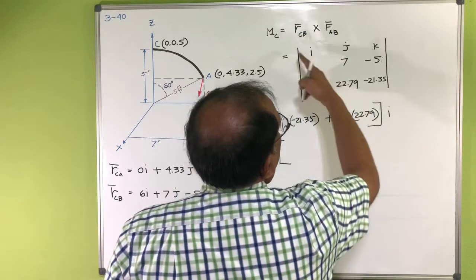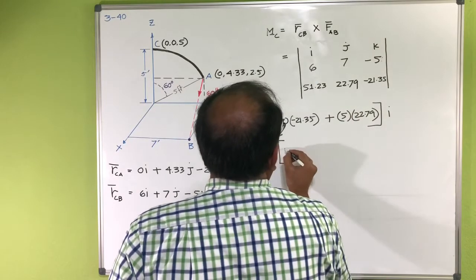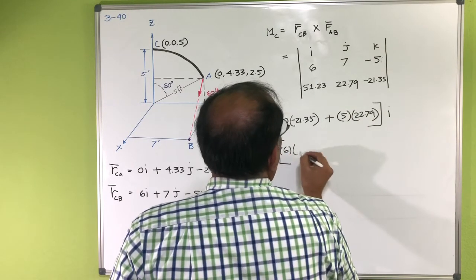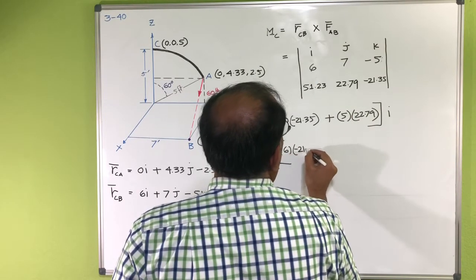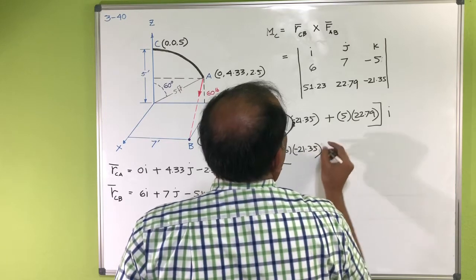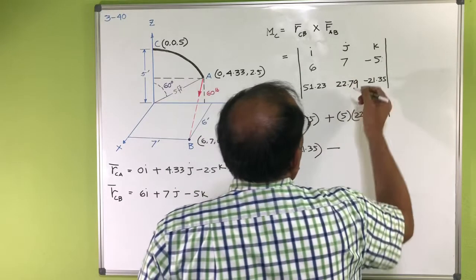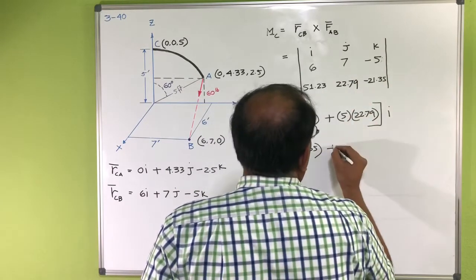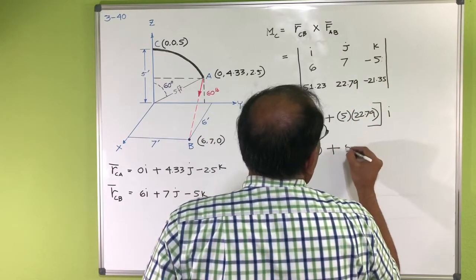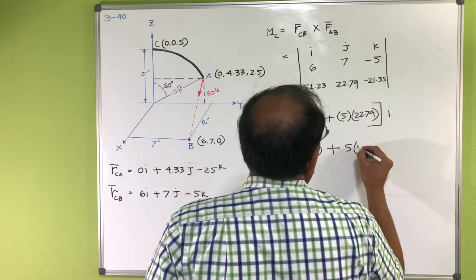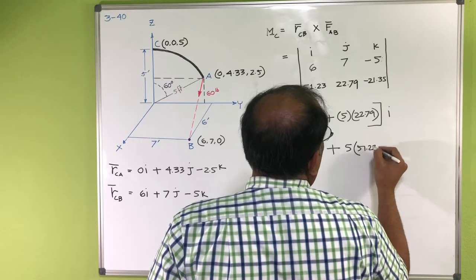So if you take this one cancel, that would be 6 into negative 21.35 minus this one, okay? So minus plus minus, that becomes plus 5 into 51.23.